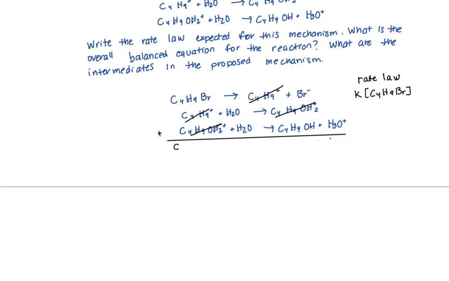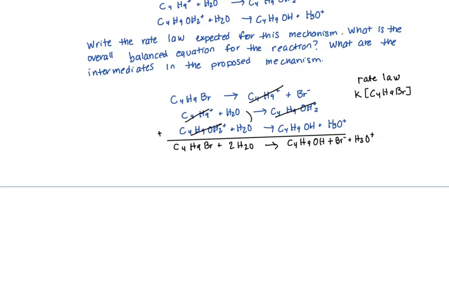So we are left with C4H9Br plus two H2O gives us C4H9OH, plus Br minus, and we also have an H3O plus. All right, so that is our overall equation.